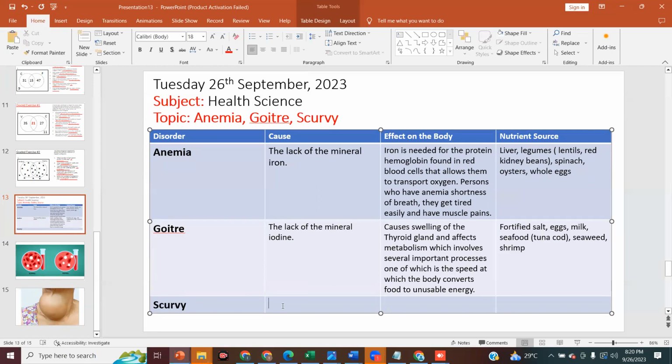The next one is scurvy. Scurvy is scary. The cause of scurvy is the lack of which vitamin? Vitamin C. All right.